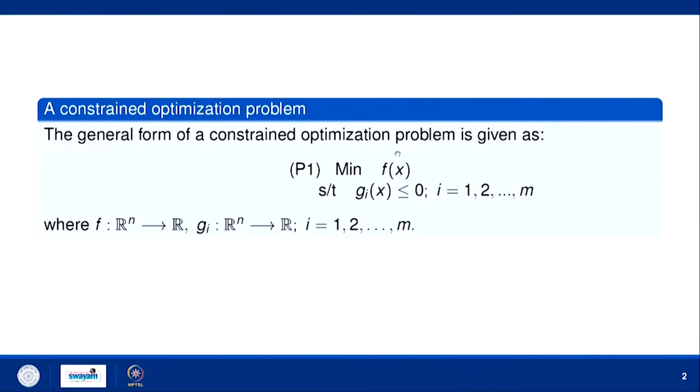Now, there is a special class of non-linear optimization problem, and that special class is called the quadratic programming problem. What happens in a quadratic programming problem? In this problem P1, if f(x) is quadratic, that is of degree 2, the variables have maximum power 2, and all constraints are linear, then such problems are called quadratic programming problems.